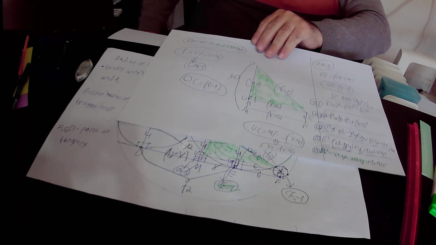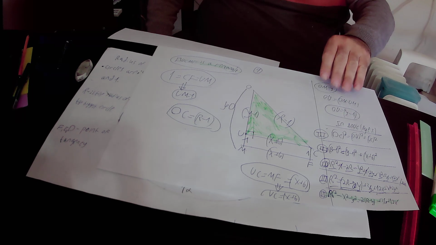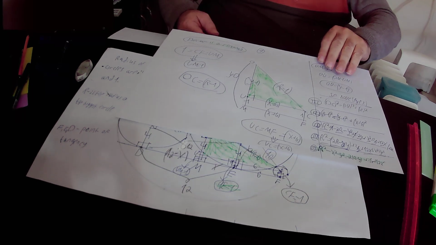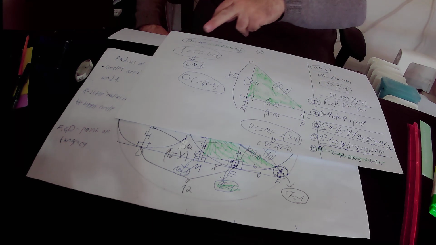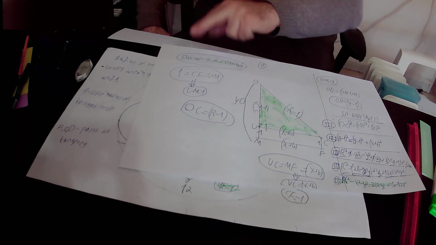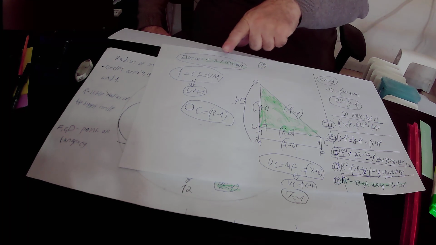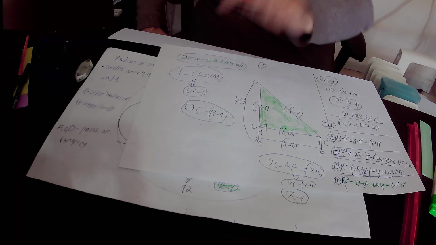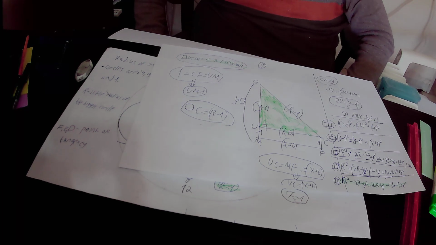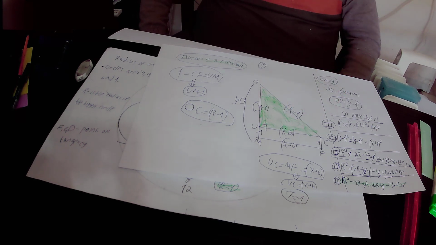Because it has 4 right angles, and the opposite sides of a rectangle are equal to each other. That is to say, CF equals UM, but CF equals 1 unit. It is the radius of the small circle. From this equation, 1 equals CF equals UM, we will conclude that UM is also equal to 1 unit. Here, UM equals 1 unit.